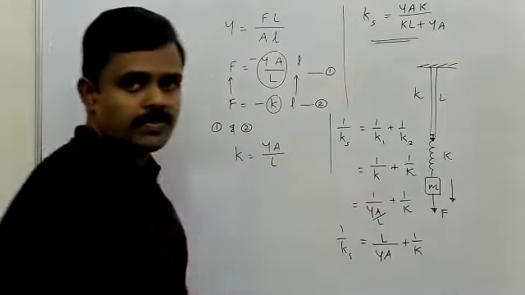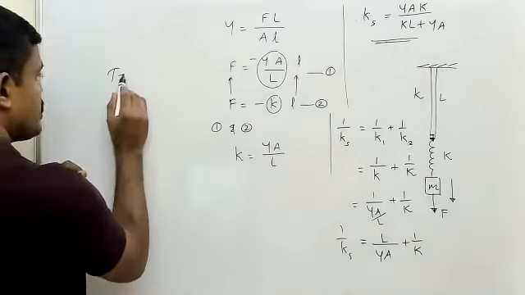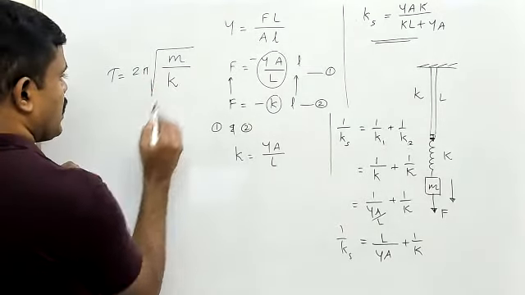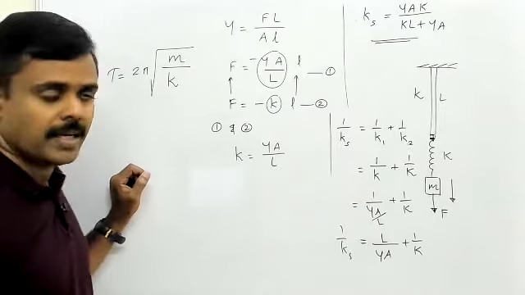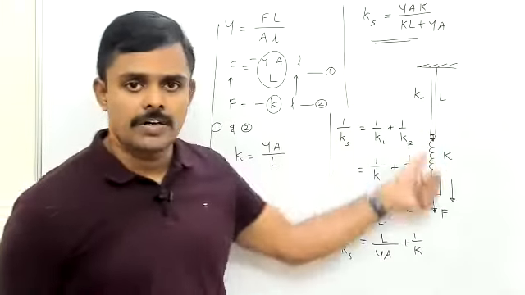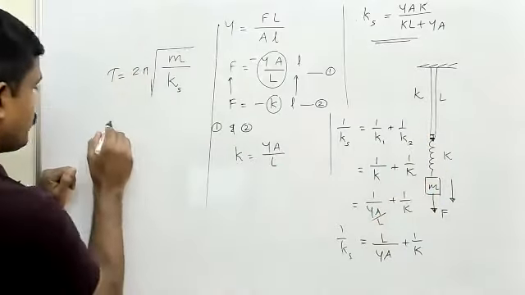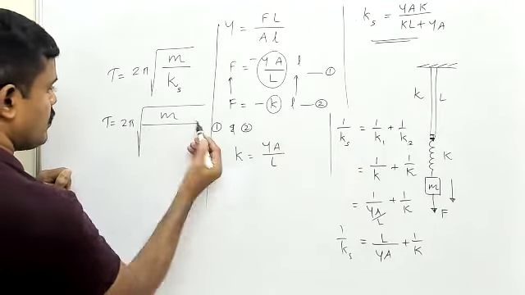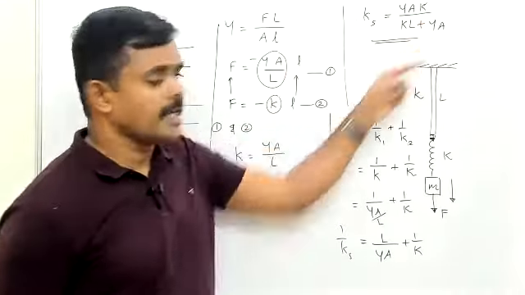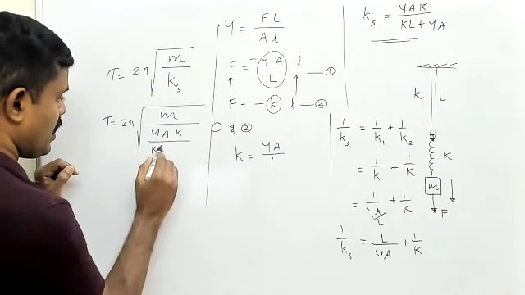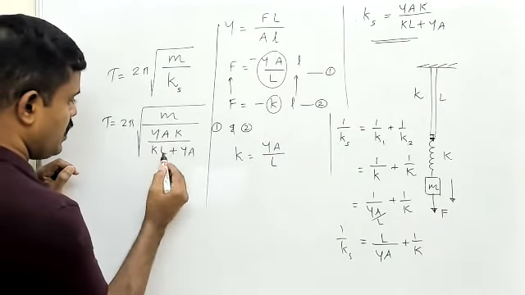Now I can put in the equation for time period. Time period of oscillation of the system is given by 2 pi root of m by k. This is actually Ks I'm talking about, because I need to take the combination of spring and string. So if I put it here, T is equal to 2 pi into root of m over YAK by KL plus YA.